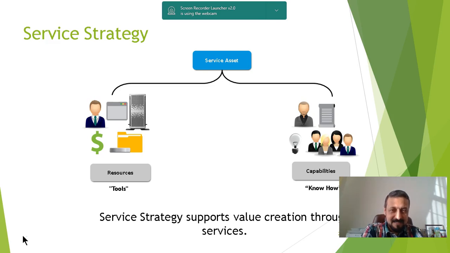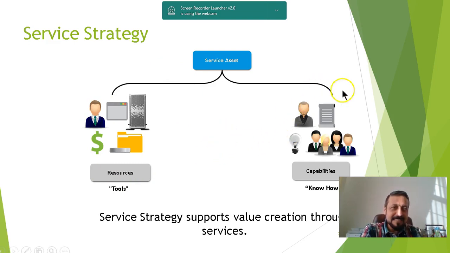Service asset consists of resources and capabilities. Resources, as you can see on the left-hand side in your diagram here, are the tools, the hardware, the software, the money that's needed to develop a service.